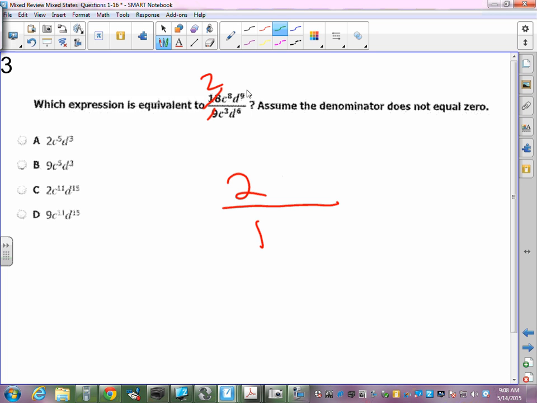So c to the 8th over c to the 2nd would be c to the 6th on the top. And then d to the 6th over d to the 9th, that will be d to the 3rd, on the bottom. And which of those answers matches that? So the answer would be A.